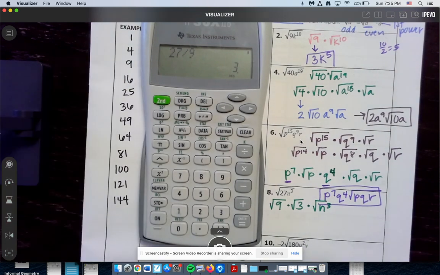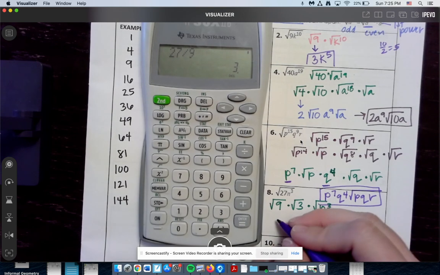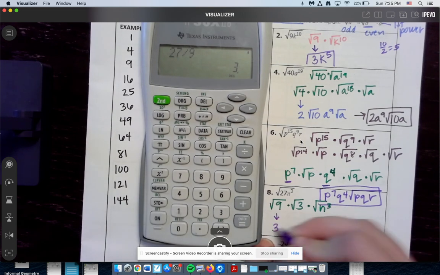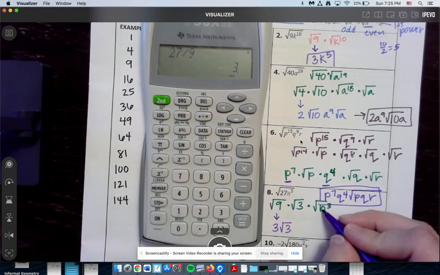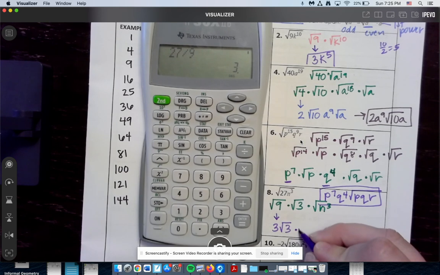Now we're going to break it down piece by piece. What's the square root of 9? We know that's 3, so I take it out of the radical. Root 3 is not a perfect square. And now this isn't even, right? So we have to make it even. Subtract it by 1 to get 2 with our leftover n.